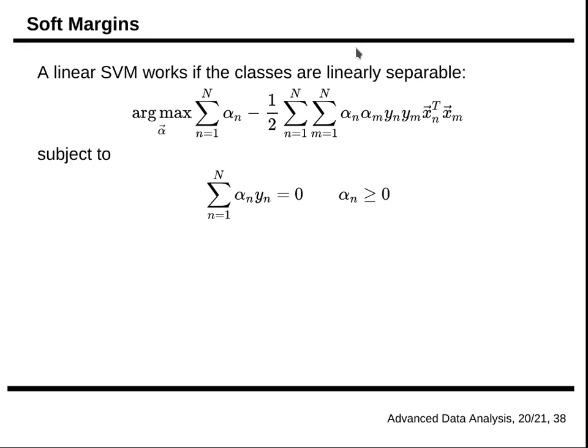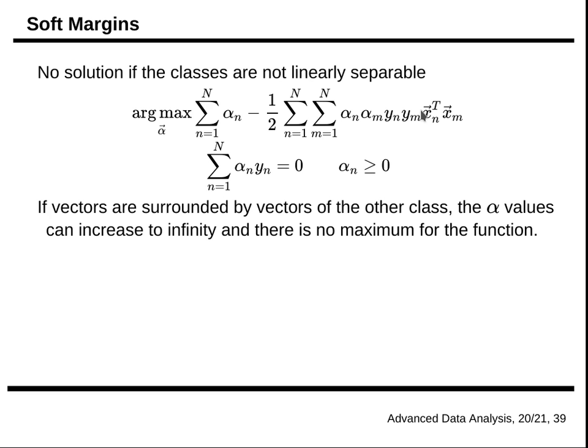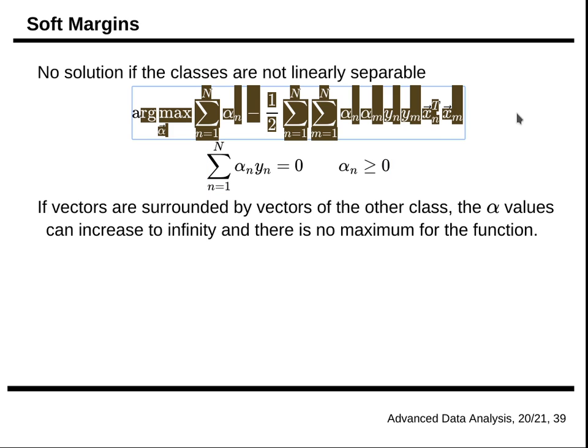So this works well if classes are linearly separable, but if we have classes that are not linearly separable, then we'll have many points that are in different classes that are close together, and at some point the Lagrangian multipliers for points on class 1 and class -1 will shoot towards infinity, and we will not have a maximum for this expression because the expression can be infinitely large.